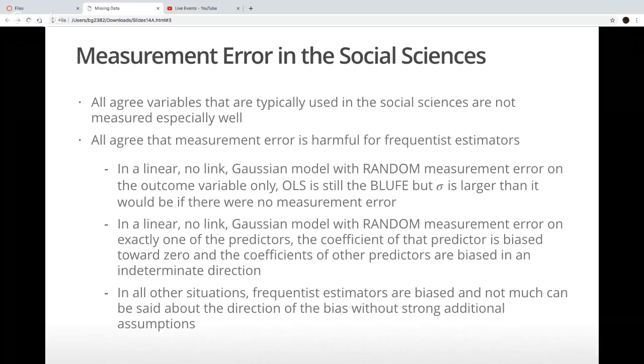So overall story here is that measurement error is not good, and only in a few cases do we even know how it's not good. But that does not come anywhere close to exhausting all the cases in which frequentist measurement errors have been, or measurement error on variables that people have used with frequentist estimators.